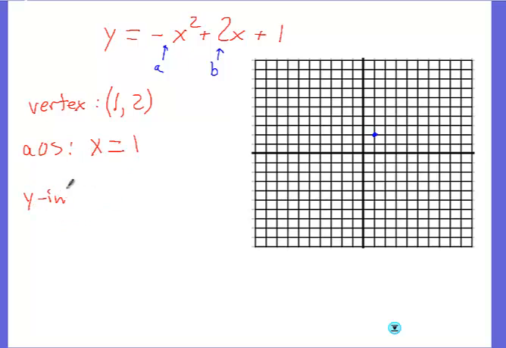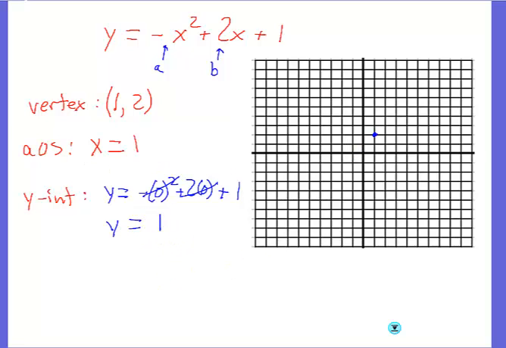The next thing we want to find is the y-intercept. Okay, where is our parabola going to cross the y-axis? If we remember from Algebra 1, the way you find a y-intercept is you substitute 0 in for the x value, because no matter where it intercepts the y-axis, your x value is always 0. So plugging in 0 for x, in this equation it's going to be negative 0 squared, which goes to 0, plus 2 times 0 goes to 0, and we get y equals 1, okay?